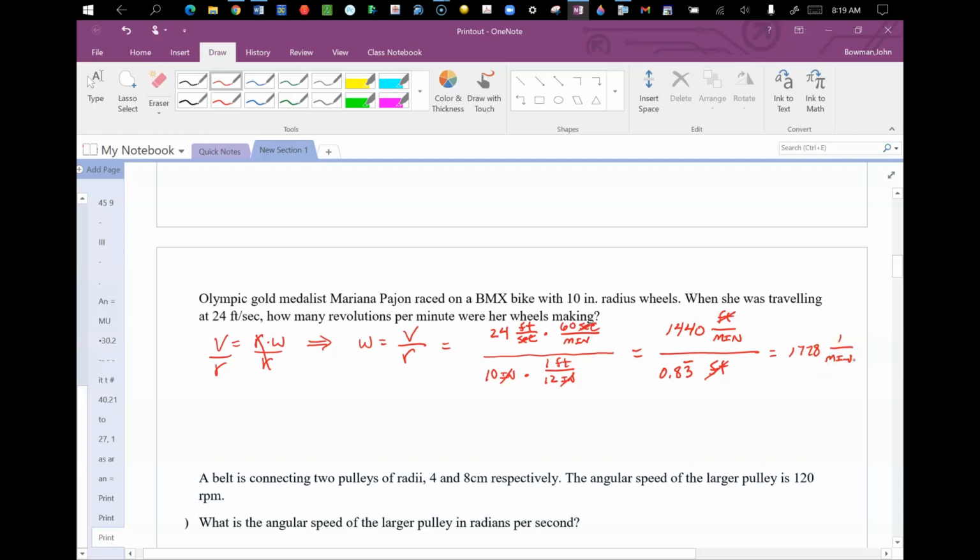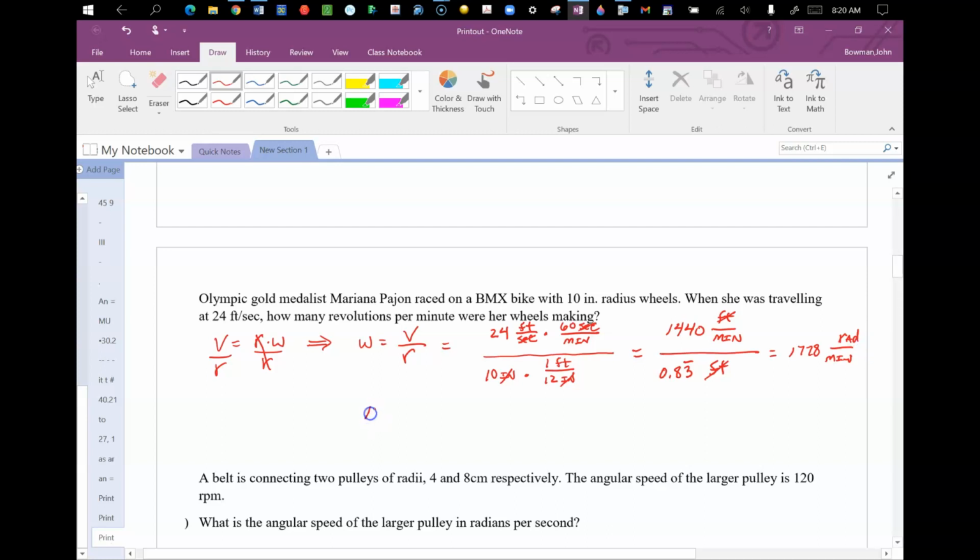Now, here's where I like to think about the radian as a placeholder. So what we're basically saying, we're rotating at that many radians per minute, but we don't want to leave it in radians per minute. We want it to be rotations per minute.